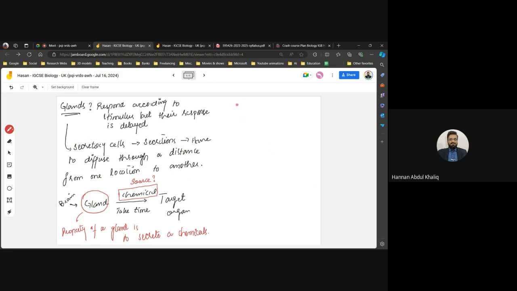Now, when it comes to the release of the chemical from the gland till the target organ, there are multiple sources.